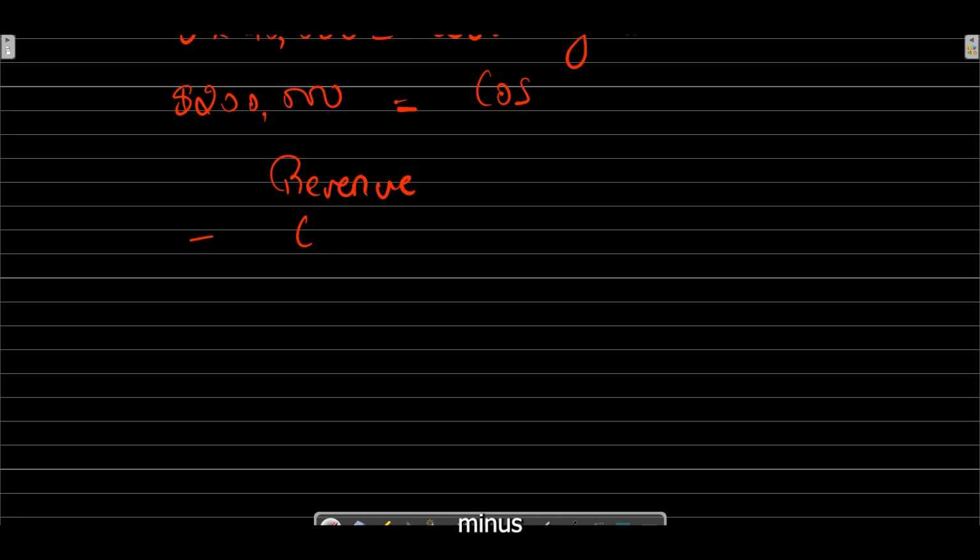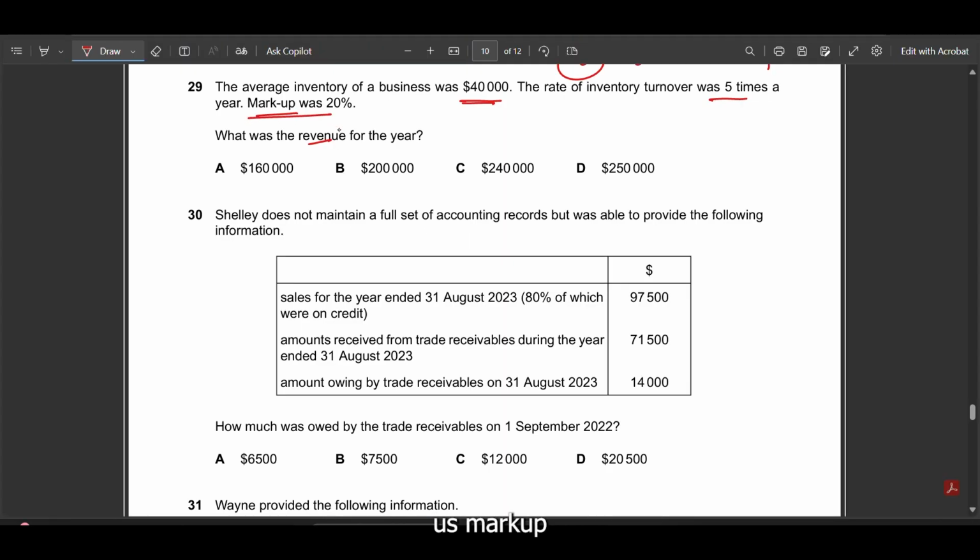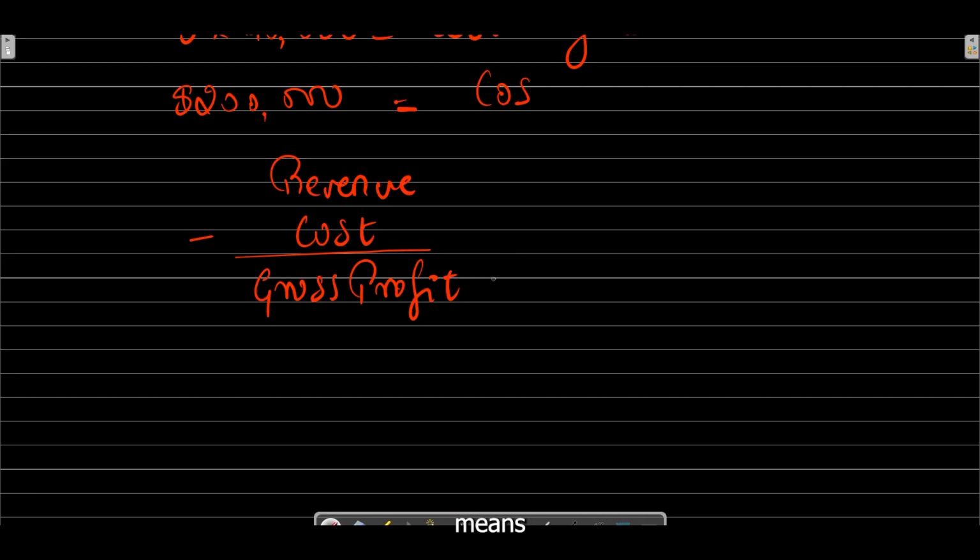Revenue minus cost of sales will give you gross profit. Now they have given us markup as 20%. So that means this is 20% of cost. So cost would be 100, and automatically my revenue would be 120%.